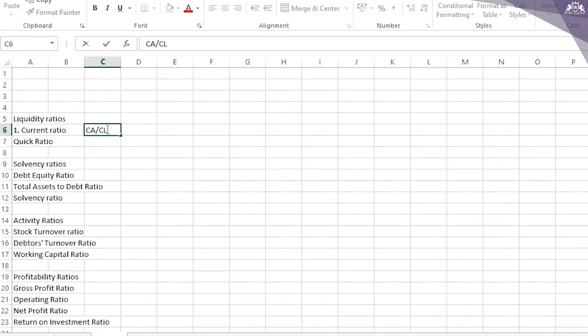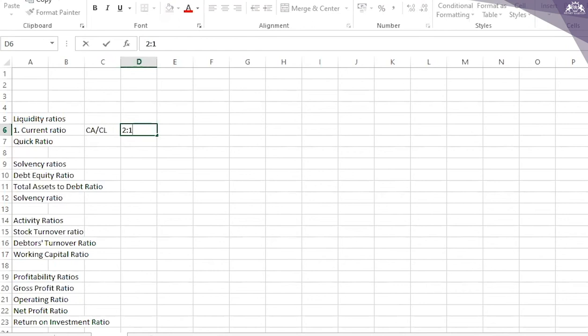How much current assets are there with the company to cover the current liabilities. The ideal ratio is 2:1. That means we should have twice the amount of current assets to cover our current liabilities.